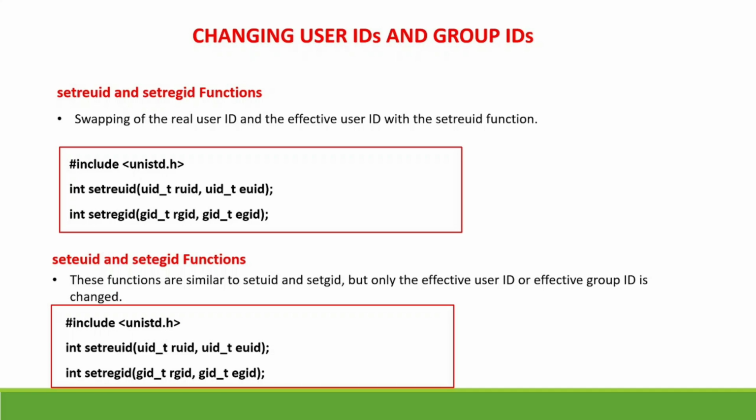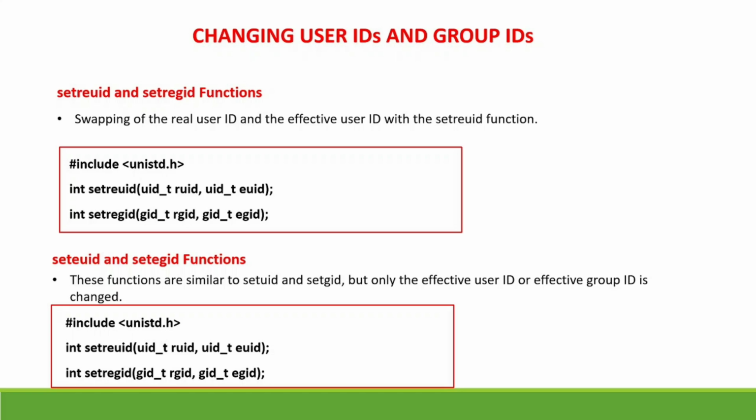An unprivileged user can set its effective user ID to either its real user ID or its saved set user ID. For the privileged user, only the effective user ID is set to the UID. So this is how it is different from the setuid function.